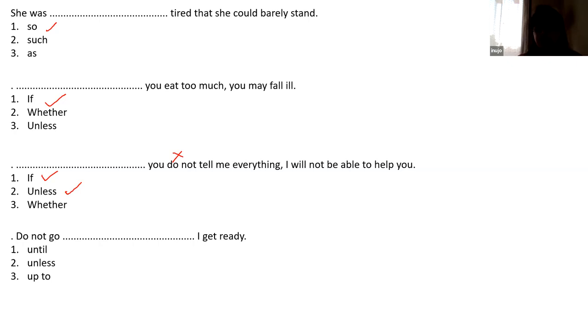When you're using this negative, do not, then you have to say, if you do not tell me everything, I will not be able to help you. If you don't use do not, then you have to say, unless you tell me everything, I won't be able to help you. Also, if you don't tell me anything, I won't be able to help you.